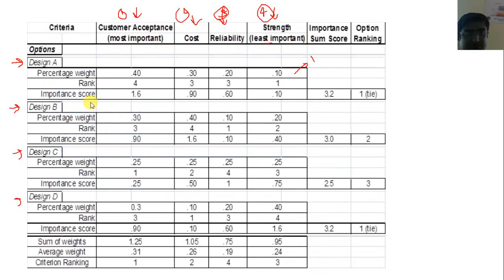By the help of some average values you have to place the values of ranking. So here you can see 4, 3, 3, 1. It means that in the case of design A, the value of customer acceptance is rank 4, the value of cost rank is 3, the value of reliability rank is 3, and the value of strength is 1.